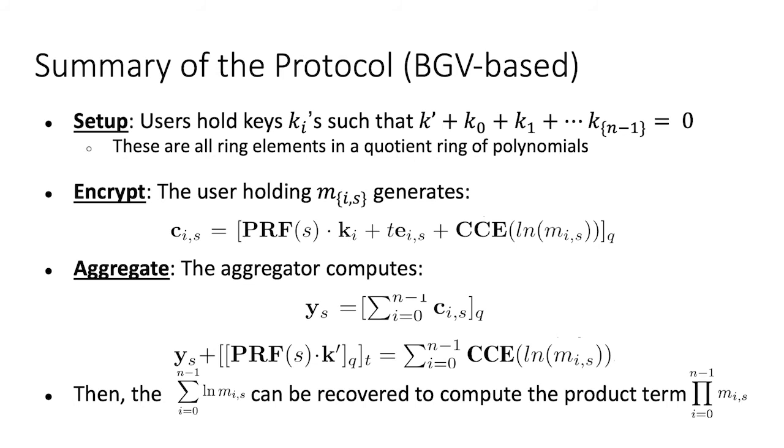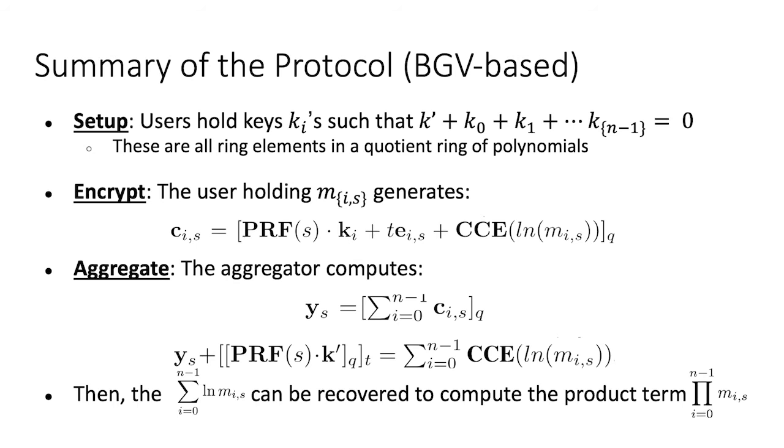This happens on the user's end, and the users, with their private input M, would encrypt their data after first taking the natural log of their private plaintext data and then computing the complex canonical embedding over their plaintext data. This encryption over this value is computed using this formula inspired by BGV.